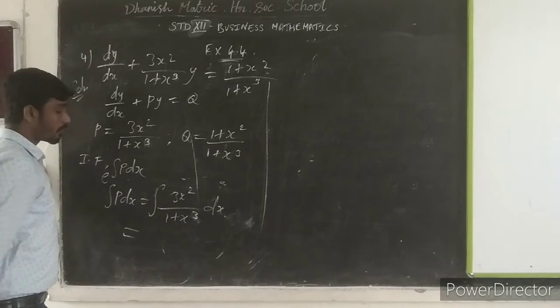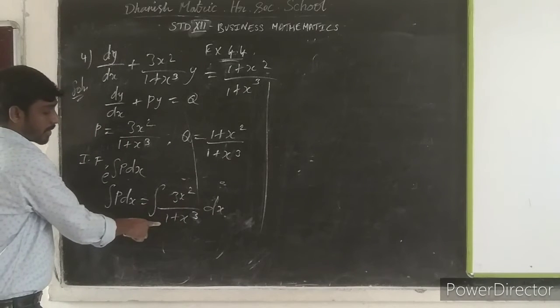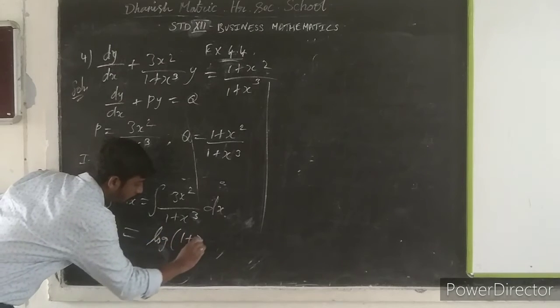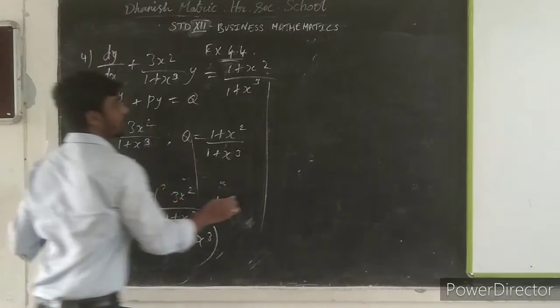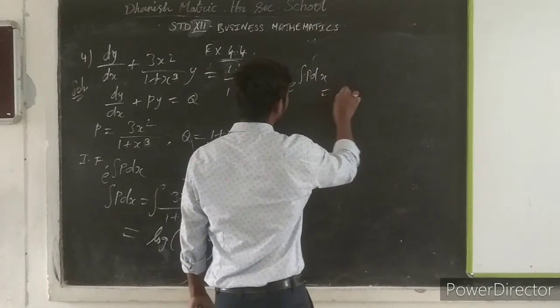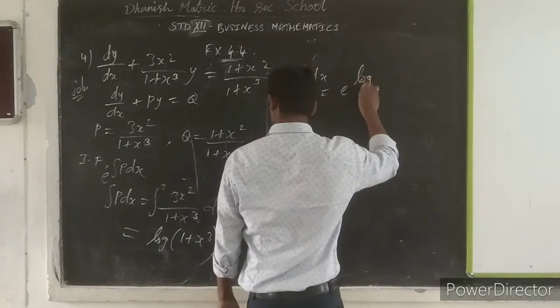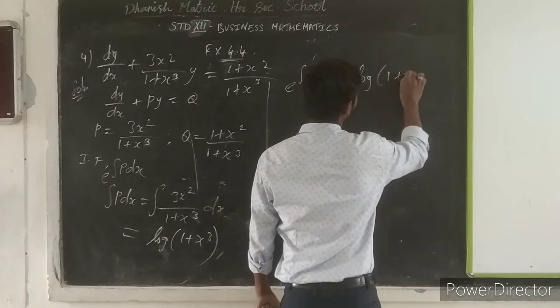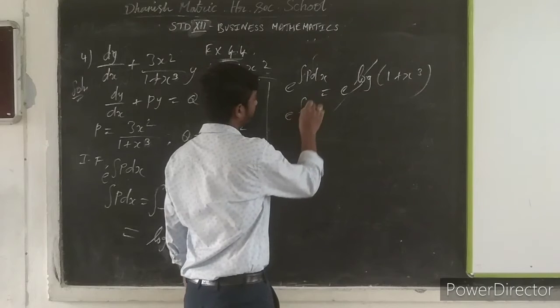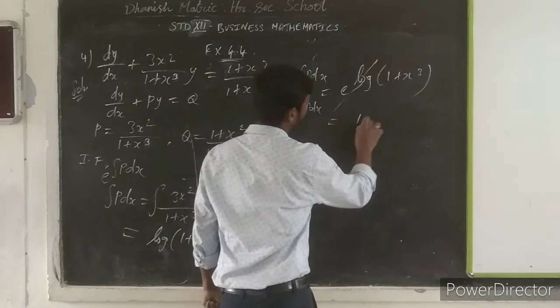So integration of 3x square divided by 1 plus x cube is log 1 plus x cube. So we are going to substitute e power pdx. e power of pdx is equal to e power of log 1 plus x cube here. e and log will be cancelled here. So e power of pdx is 1 plus x cube.